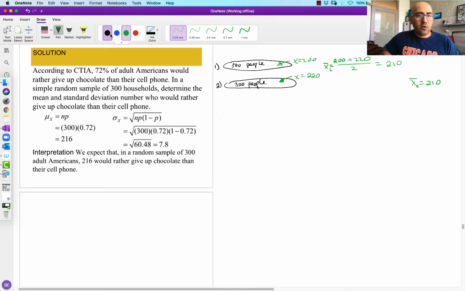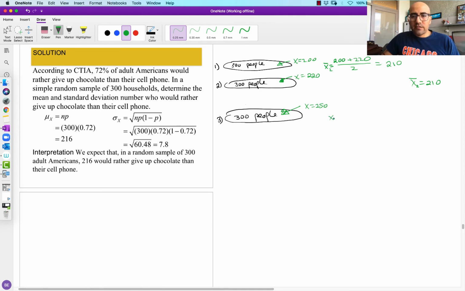So now let's say we keep going. We grab another group, a third group, again, 300 people. And let's say that in this group, and again, I'm just making these numbers up to make a point, 250 said, yes, we would rather give up chocolate than our cell phones. X equals 250. Okay, so now we have to think about this running total.